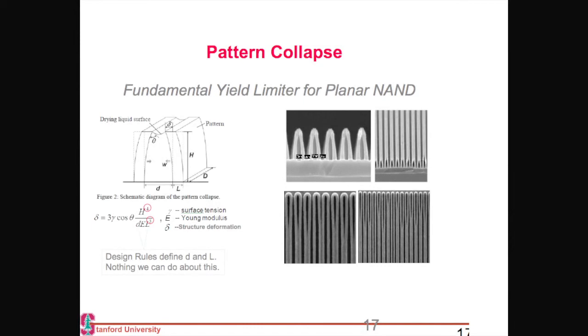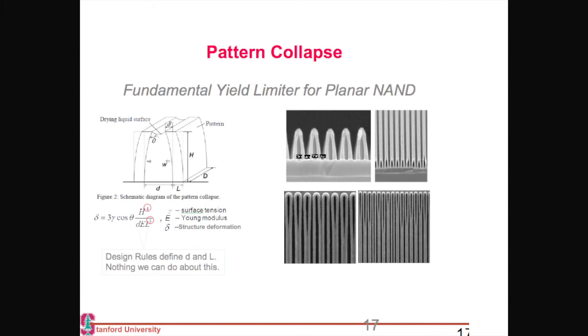The same thing happens in these flash memory cells as well. For your NAND flash, again, you have multiple of these STI structures standing, and the major yield limiter there again is the collapse between these structures. This is something I discussed when we talked about FinFET, but it's worth mentioning again that the forces which are causing these lines to bend depend on how tall your structure is.